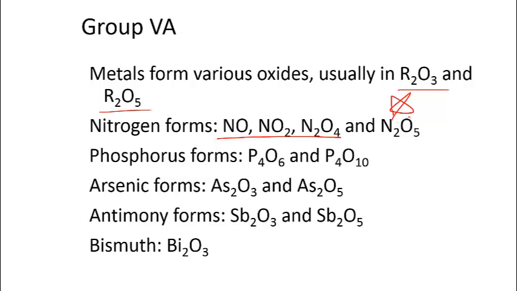Phosphorus forms 2 acidic oxides in the form P4O6 and P4O10. Arsenic forms 2 acidic oxides, As2O3 and As2O5. Antimony also forms Sb2O3, Sb2O5. And lastly, the metal of the group forms Bi2O3.